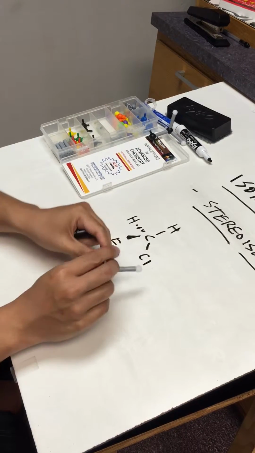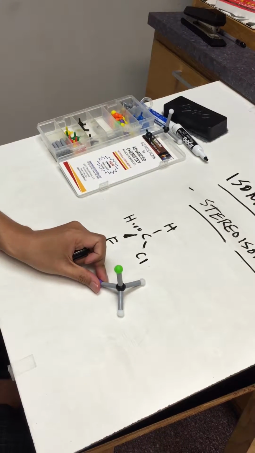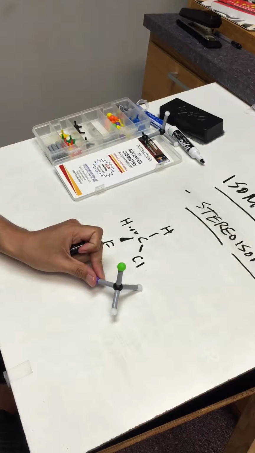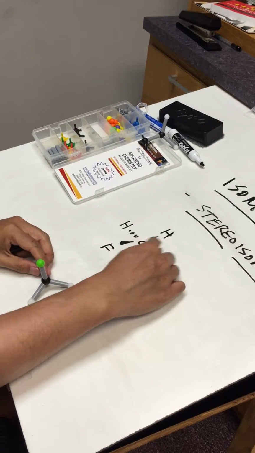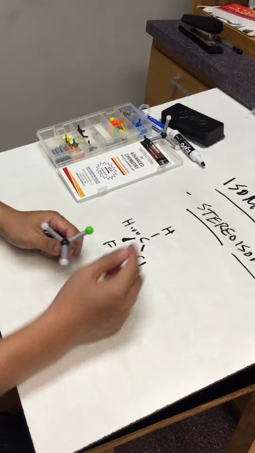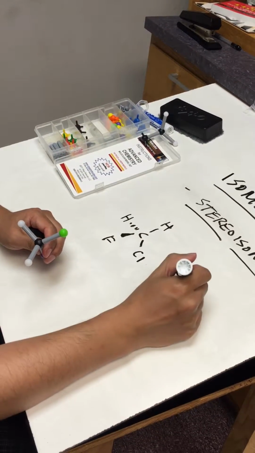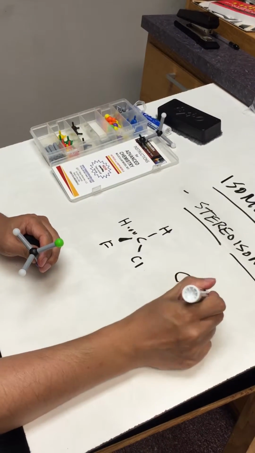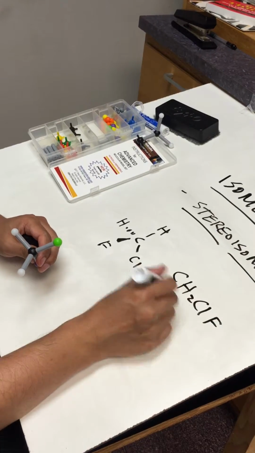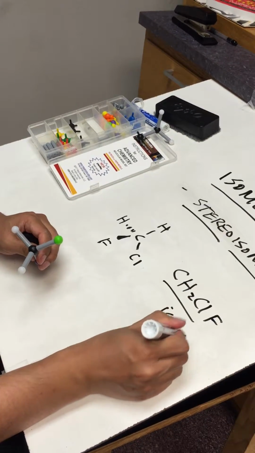Now let me ask you again, is it possible to create an isomer? So now you have CH2ClF, that's the chemical formula. Can you build an isomer?